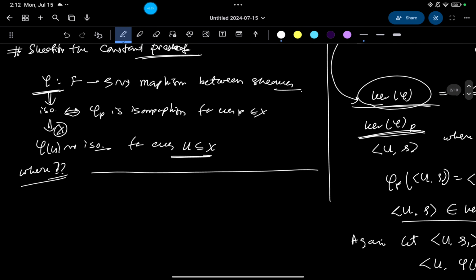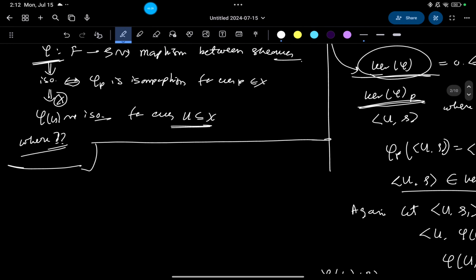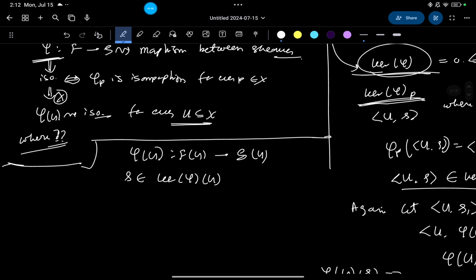Now what is the picture at the open set level? Phi u is from Fu to Gu. Let small s belong to kernel phi of u.